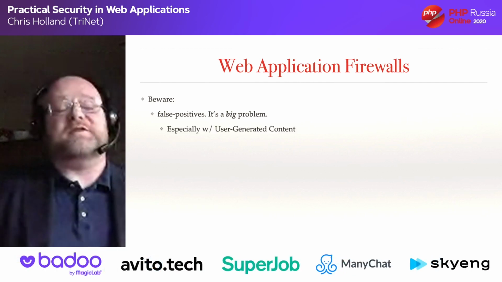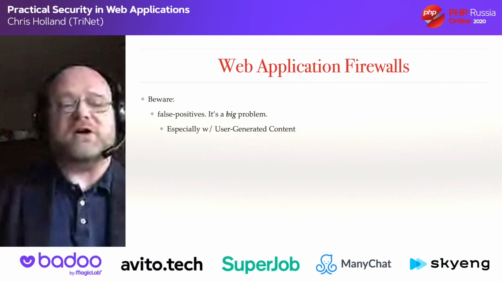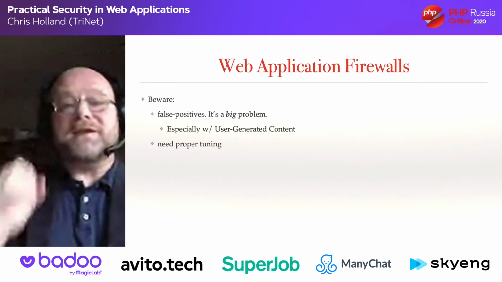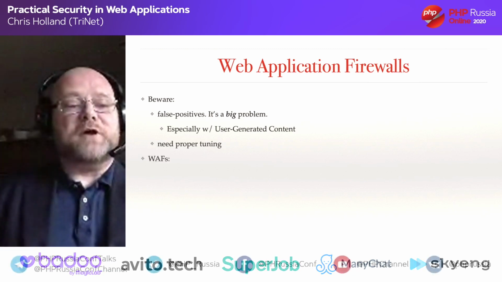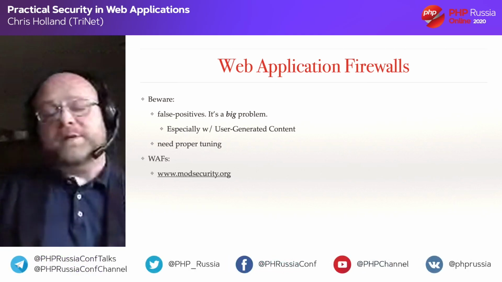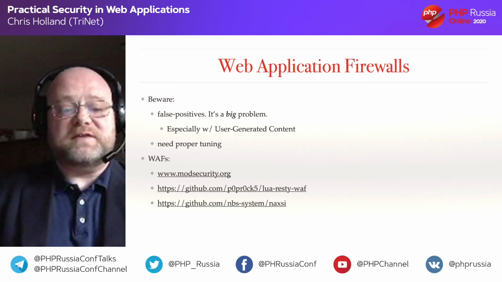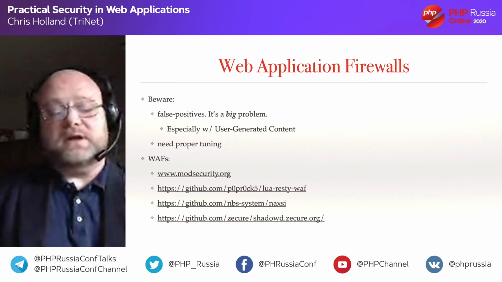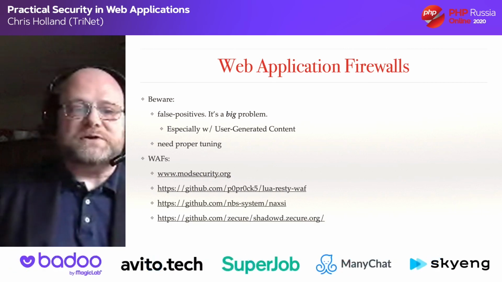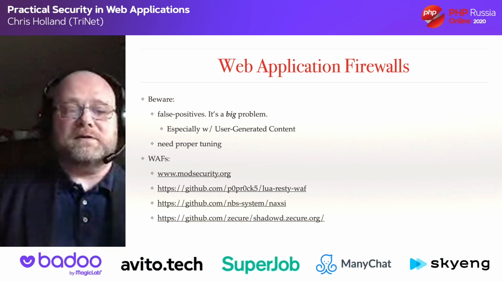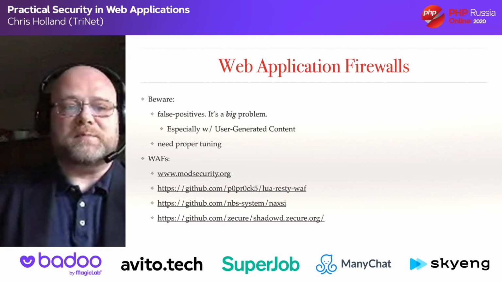It's really a big problem, especially when you have user-generated content. You definitely need to do them properly and do a lot of testing. But there are a number of them out there, right? You have ModSecurity, that's kind of the most famous one. You have the REST WAF, ShadowD. So these are all fine solutions. But again, make sure you test them a lot and be super careful with them.